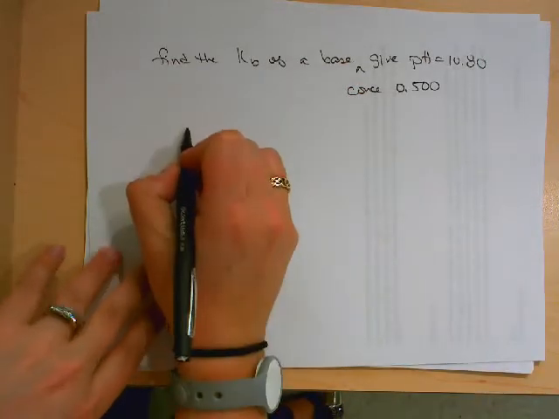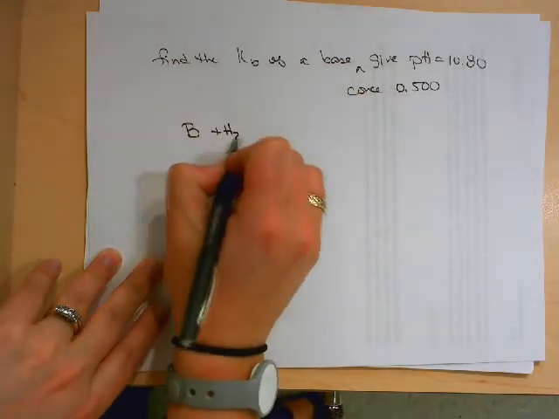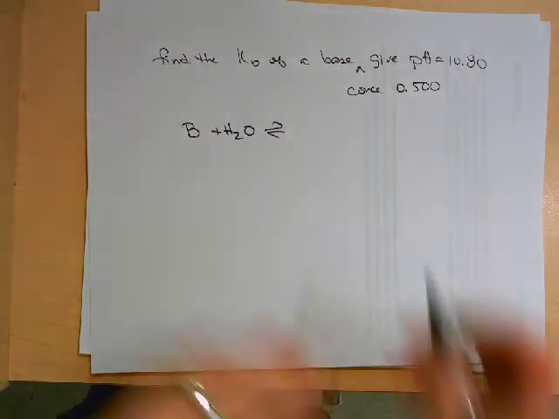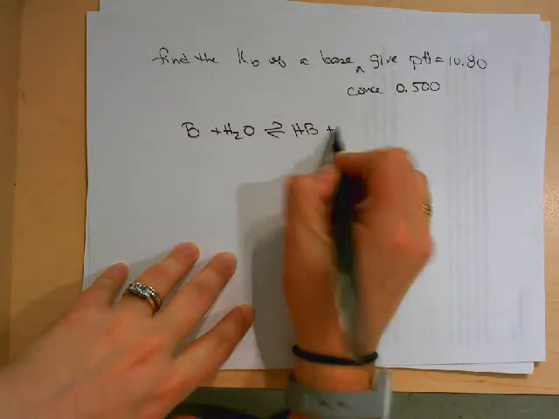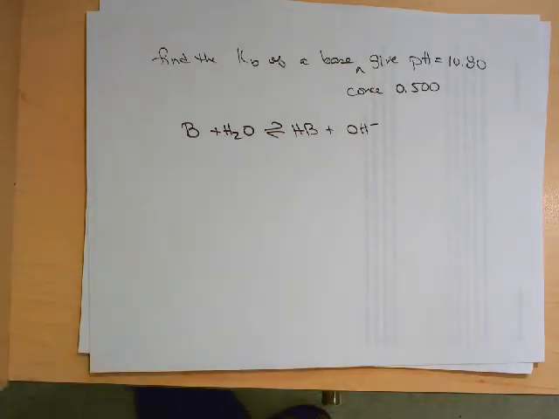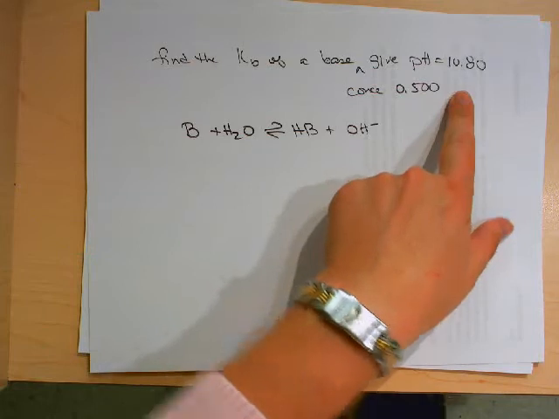So what should be the two ingredients that are the reactants? A base and, okay, so that was like the majority of the problems, right? So it should be base and water. Makes them what? HB, and then what's left over? OH minus. Alright, so I gave you the pH.